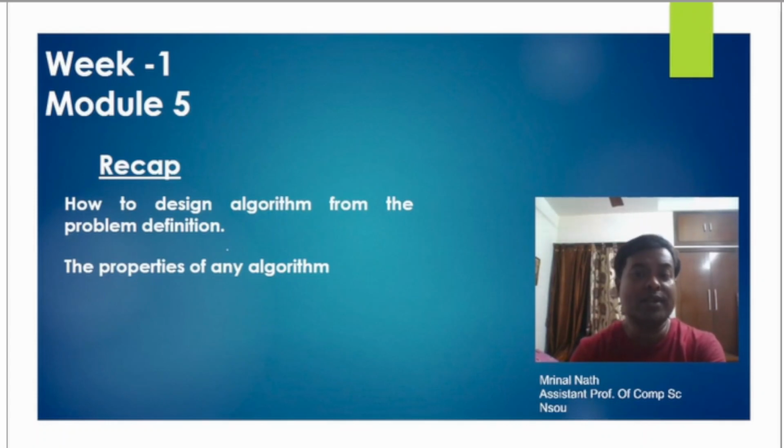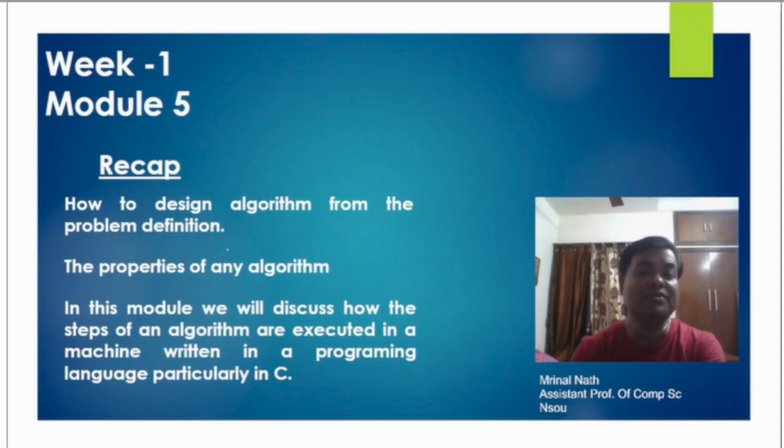Now in today's module, we will formally introduce you to a programming language. How the instructions or steps written in an algorithm can be executed using a programming language in a machine, that is the objective of today's topic. So let's start.